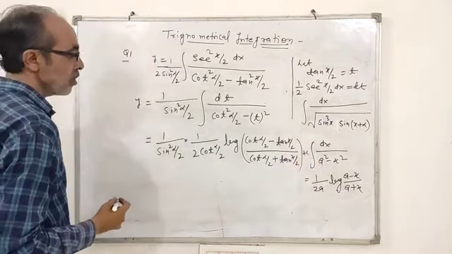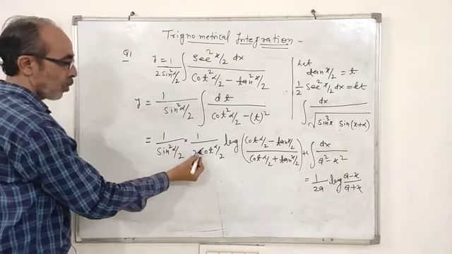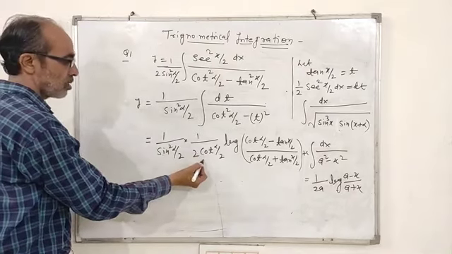Then we write cot theta is equal to cos upon sine.